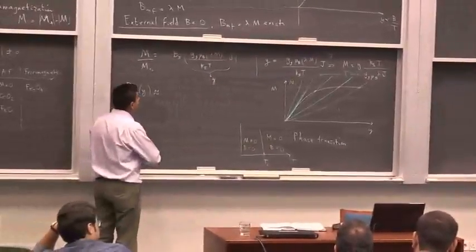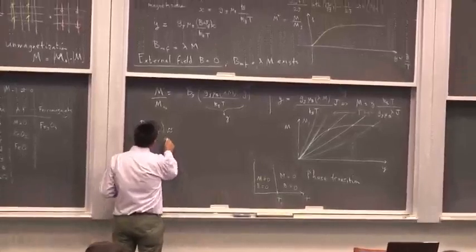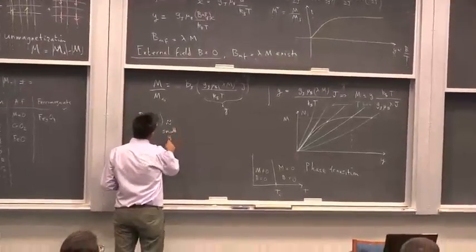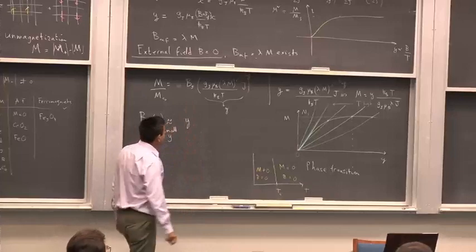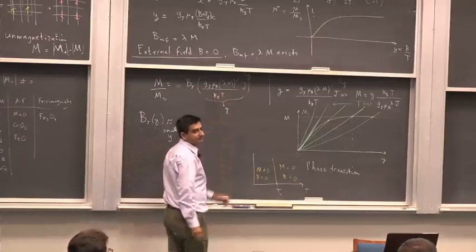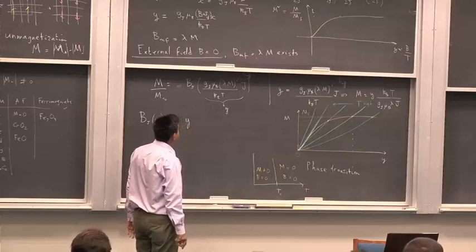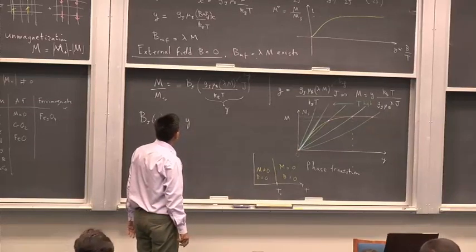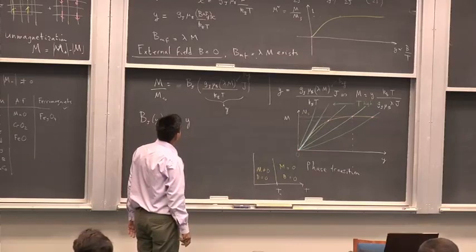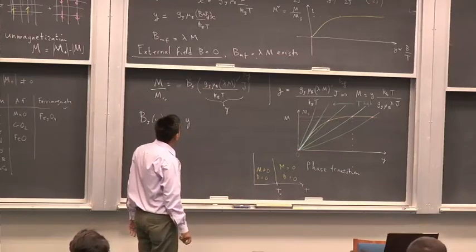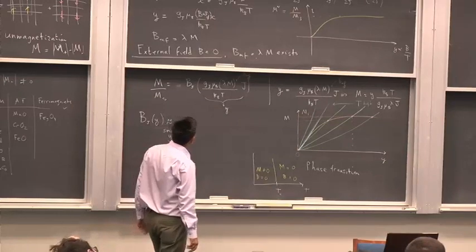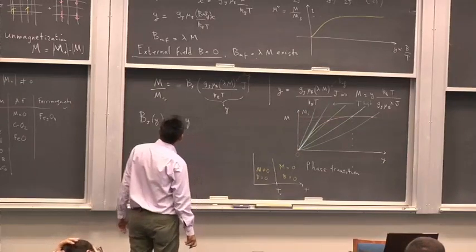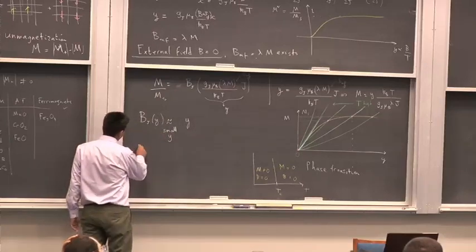Now I can easily determine what the slope of this function is at y equals 0. So BJ(y) at small y is proportional to y, and this is this thing over here. Okay. Now what I need to do is find the slope of m.